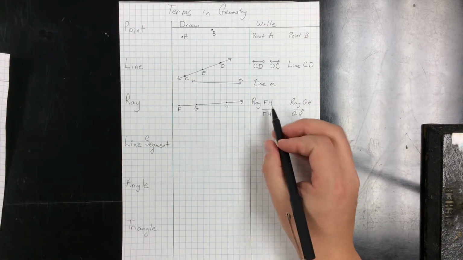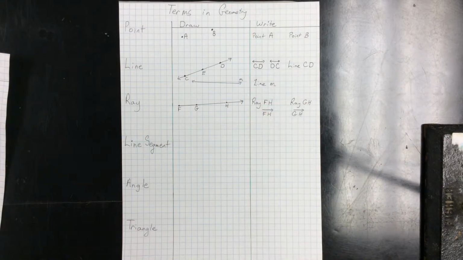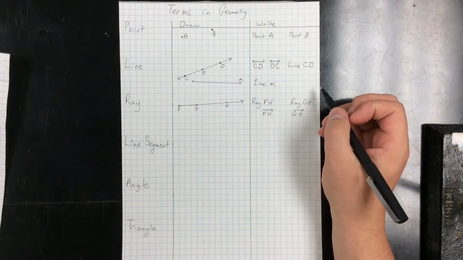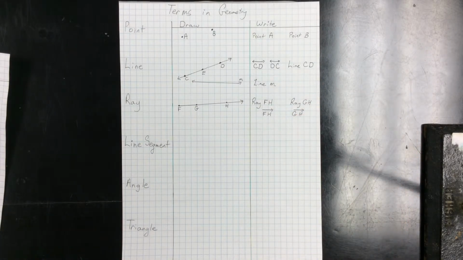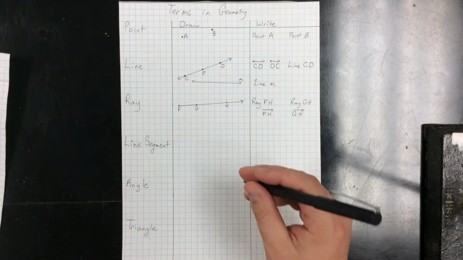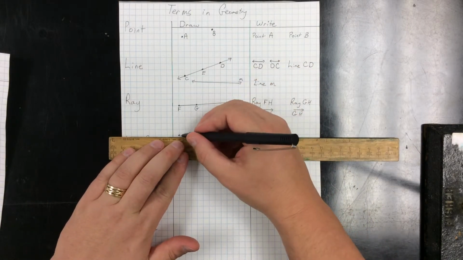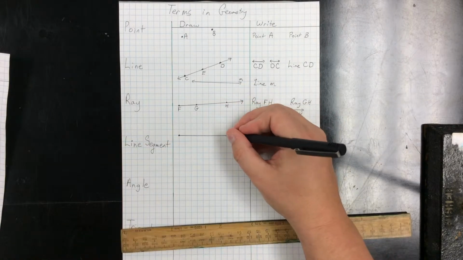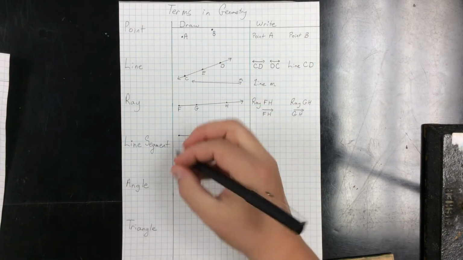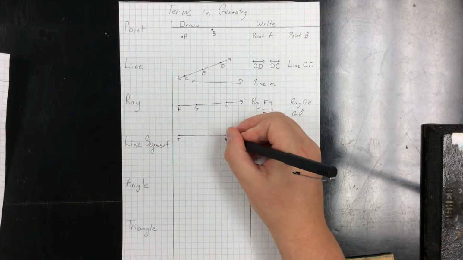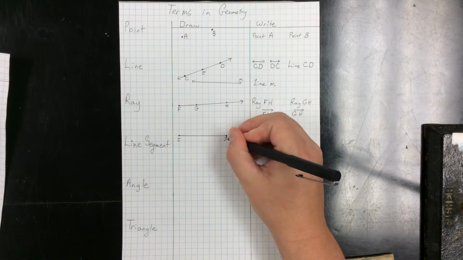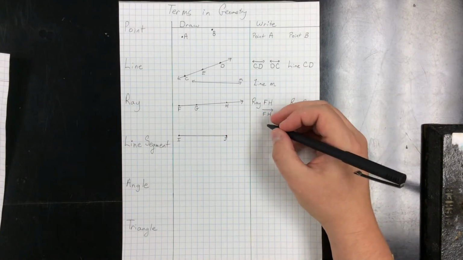So using these symbols up here saves me a lot of time instead of writing out the word each time. A line segment is a part of a line that has two endpoints. We'll call it I and J. The two points on the ends, endpoints.